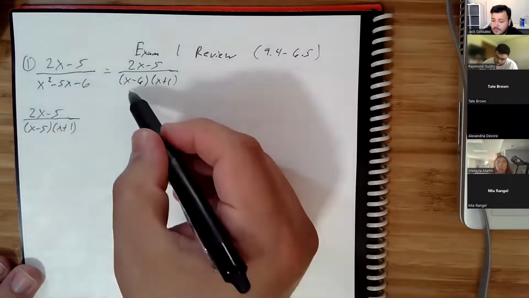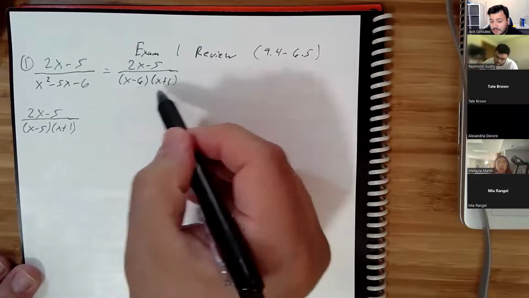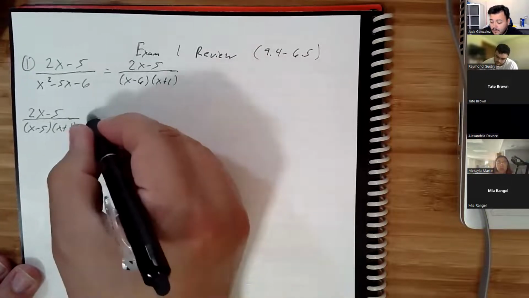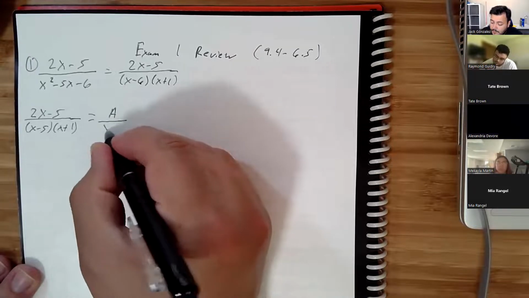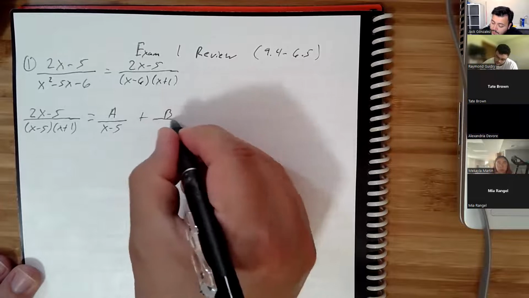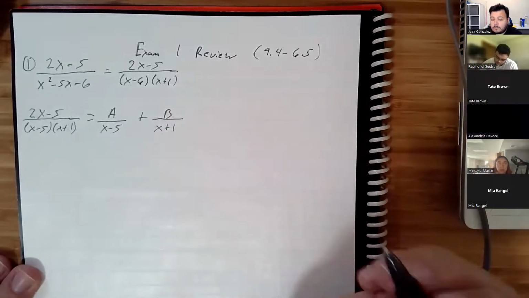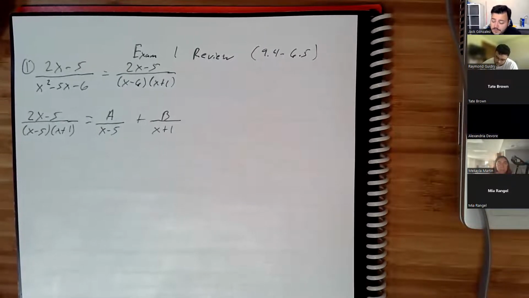Well, these are both linear factors, correct? They are distinct. So the setup is going to be A over the first one plus B over the second one. It's going to be case 1 because they're just linear and they're different.